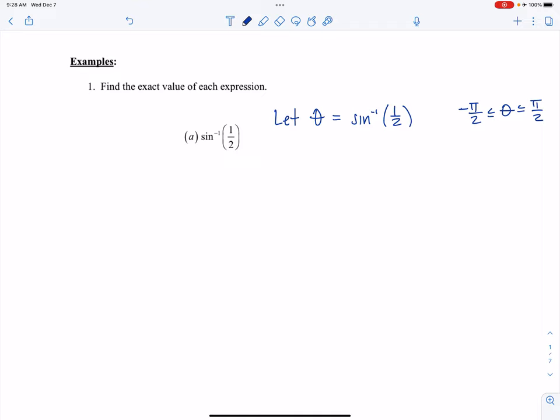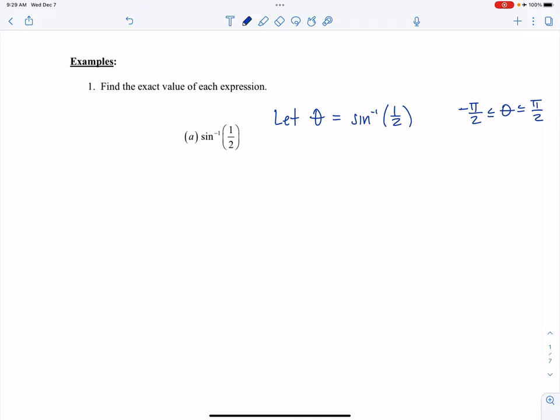That goes back to the domains of these functions. In this case, we're looking at a range because it's the inverse. So we want to stay in a workable area. We don't want to look at values that fall on those asymptotes. So we're restricting our theta to fall between negative pi over 2 and pi over 2.